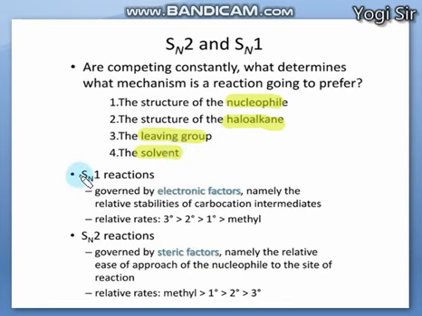Here it shows that the SN1 reaction is governed by electronic factors, meaning formation of carbocation intermediates, and it is relatively faster with tertiary, and goes on decreasing towards primary and methyl. Just now we have discussed this.